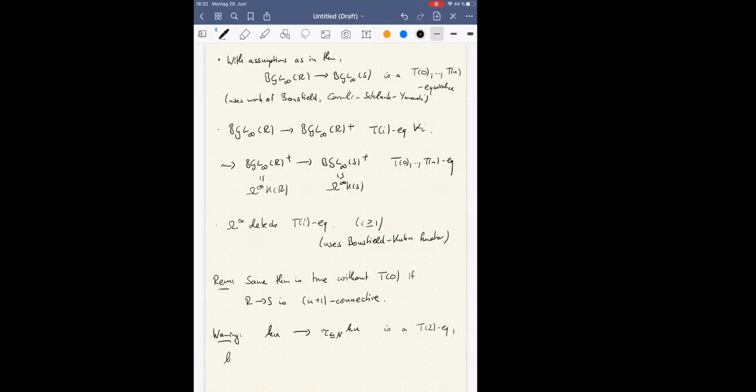But if we take K theory of Ku to K theory of this thing, then this thing is 0.